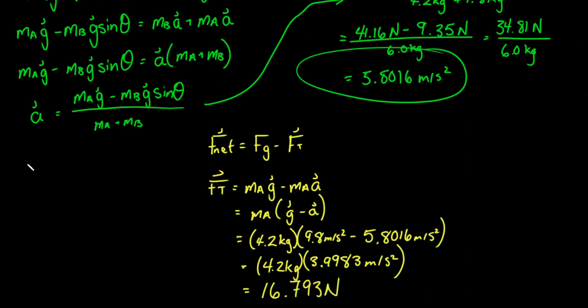Okay, so therefore, the rate of acceleration is 5.8 meters per second squared. And the force of tension in the rope is 17 newtons.